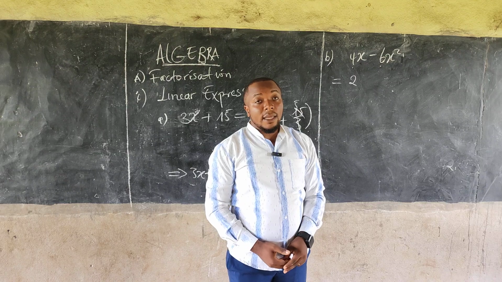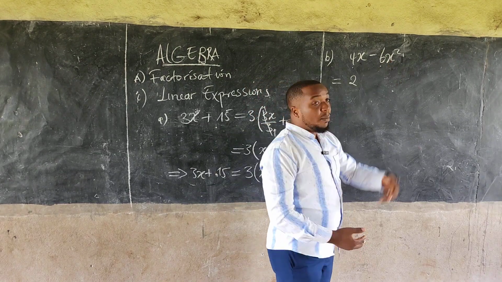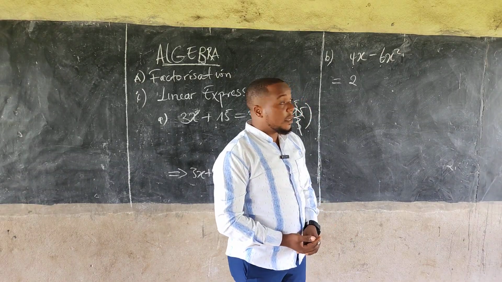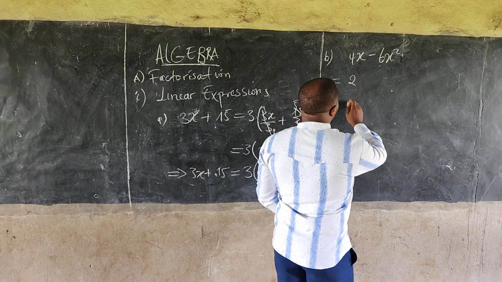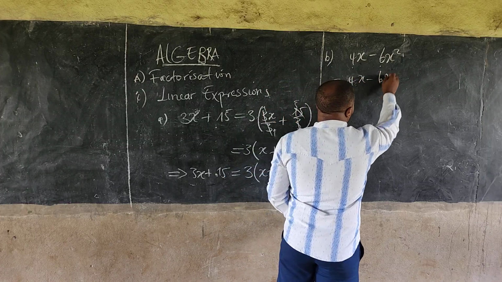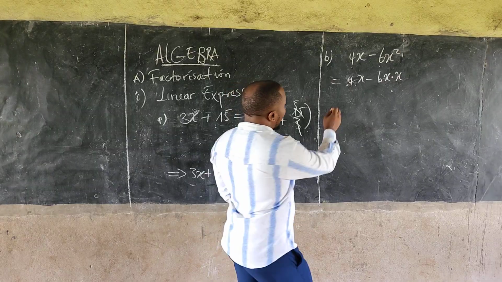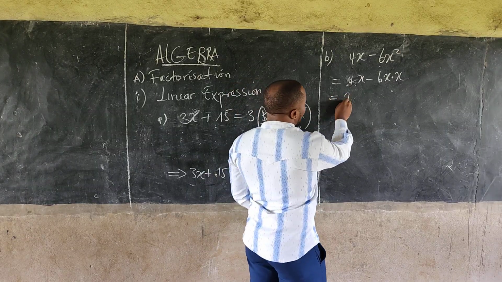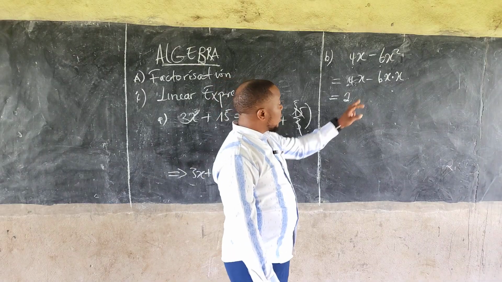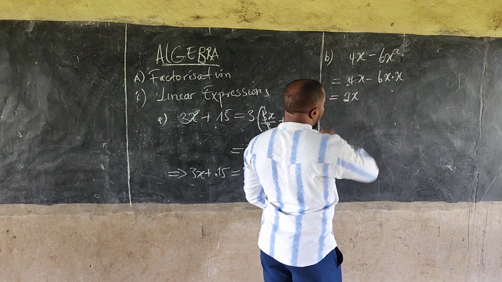And the answer is yes, because x squared simply means x times x, which simply means we can factor out x. So if we write this expression as 4x minus 6x times x, then it will be clear that if we have the highest common factor 2, then there is also a possibility for us to have a common variable. And in this case, it is x.